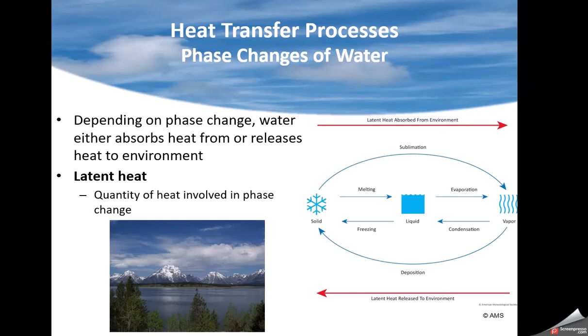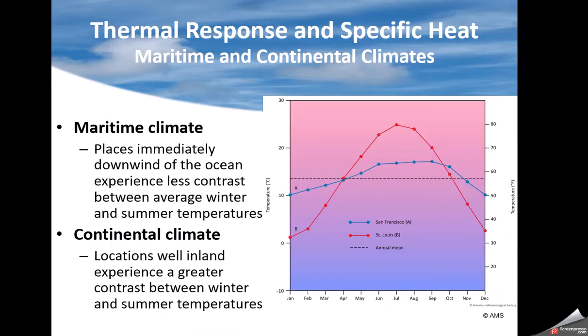Interestingly, if it's raining outside and the air is fairly dry below that rain, as the rain falls into it and evaporates some, like if you see virga, it is actually cooling the atmosphere. But just another way of transferring heat within the atmosphere.